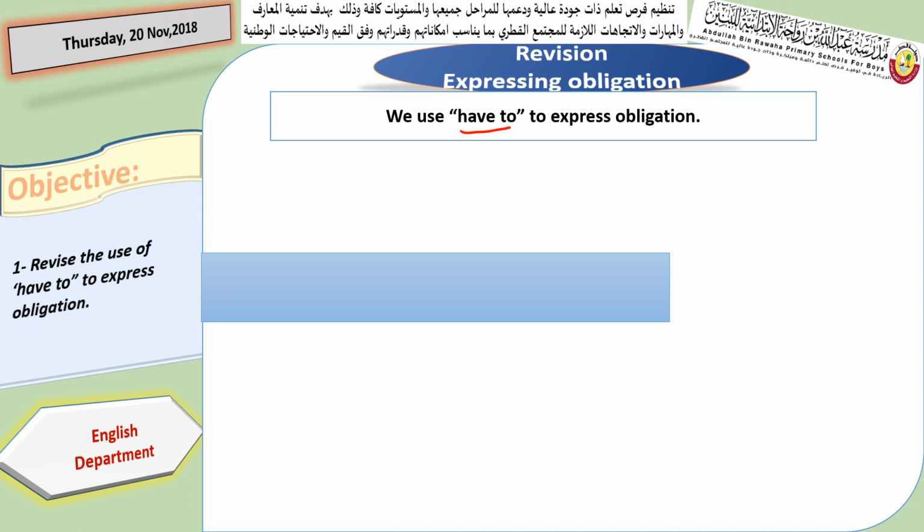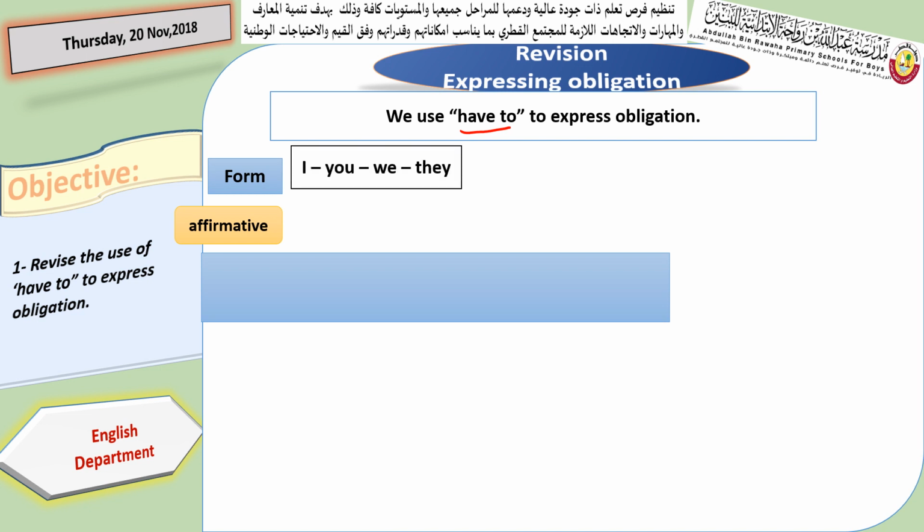For example, let's start by the form. نبدأ بالشكل. كيف يأتي شكل الجملة؟ Now, for the affirmative form, الشكل المثبت عندما تأتي الجملة مثبتة we use I, you, we, they مع أشكال الفاعل I, you, we, they we use have to.